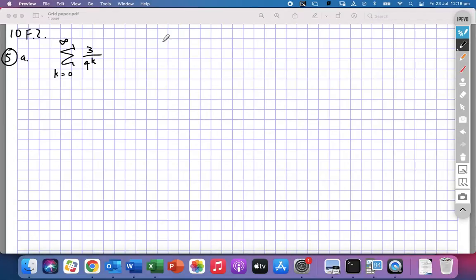If we had a sum, we want to know, is this sum equivalent to the sum of a geometric sequence?